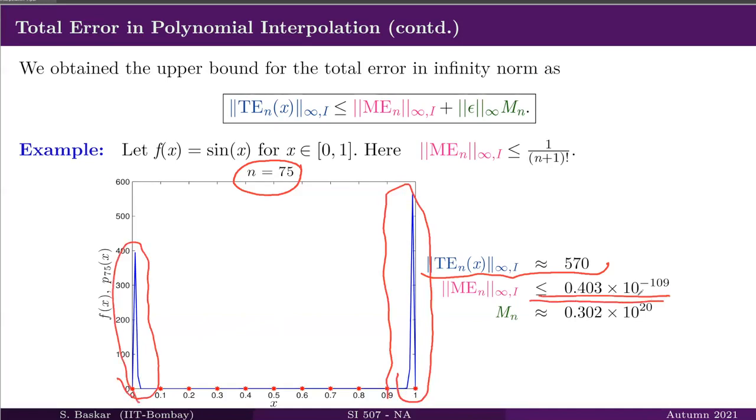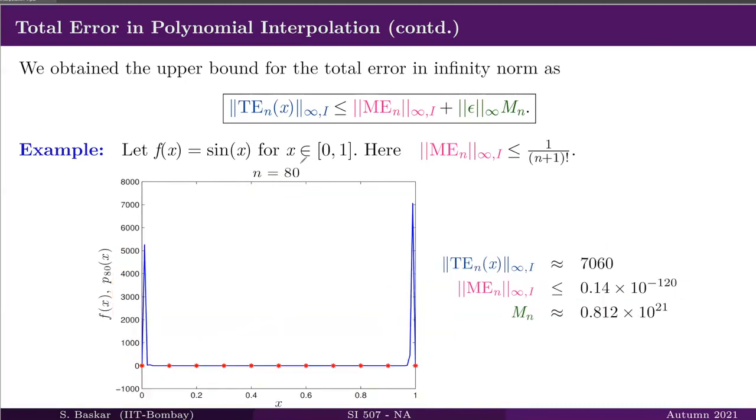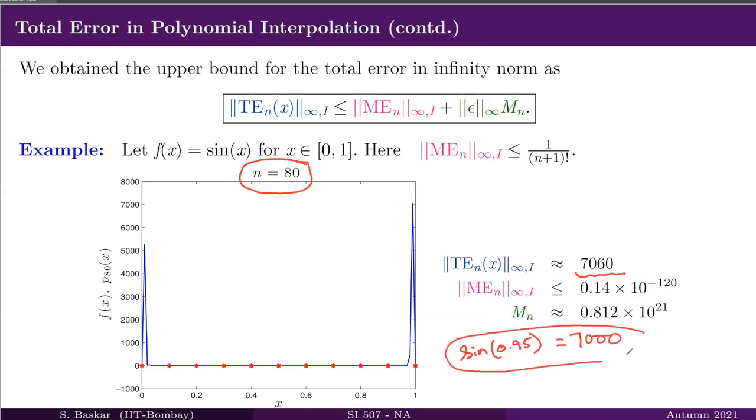Well, this shows that mathematically we are doing very well, but computationally something disastrous is happening. Finally, let me show you the plot of P80. The total error is 7060. You can see that sine nearby almost say 0.95 is equal to 7000. That is what your computer is giving you as the value.